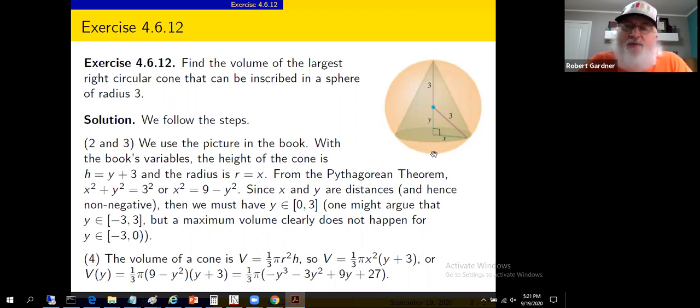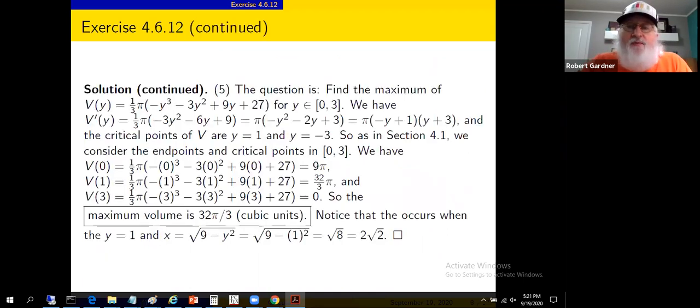The base radius would have to be 0. If y equals 3, x has to be 0. Well, that's another one where the volume is 0. Yeah, that came up because it's a minimum. And the minima will occur at endpoints or critical points as well. So what we found is actually a minimum here over that interval.